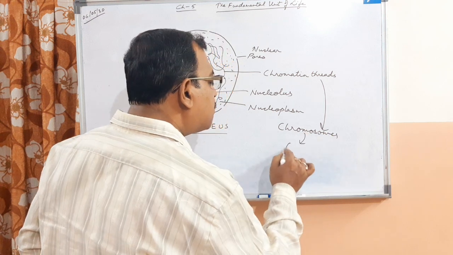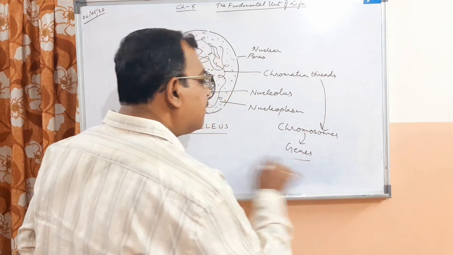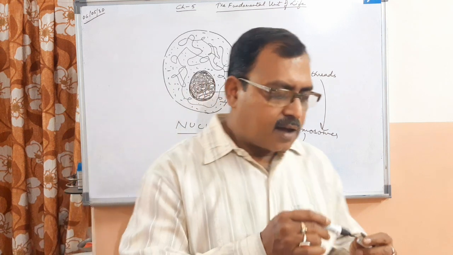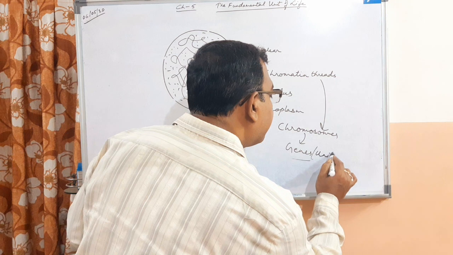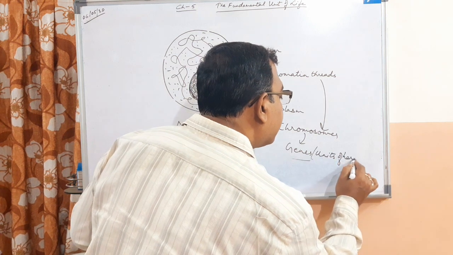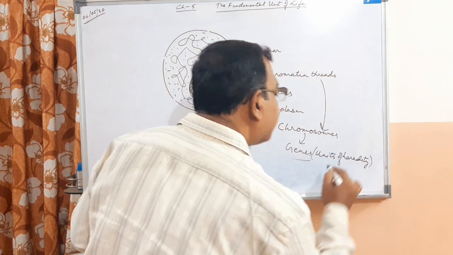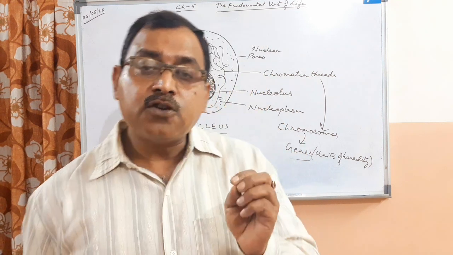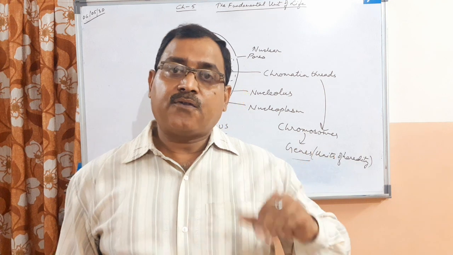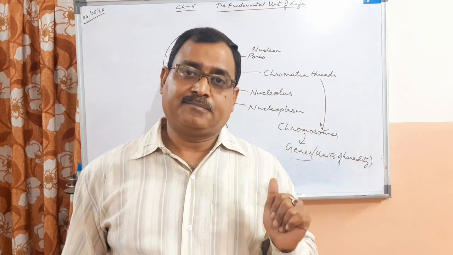From within the chromosome you will get genes. Now these genes are the units of heredity. So genes help in transmission of hereditary character from the parents to the offspring.